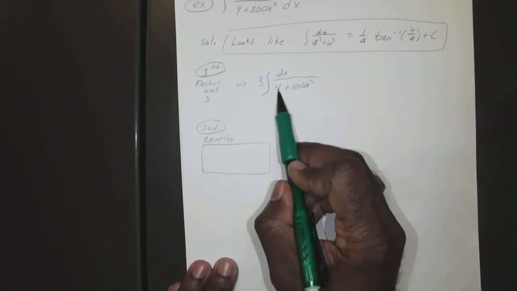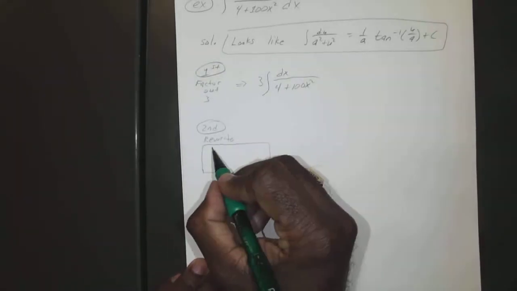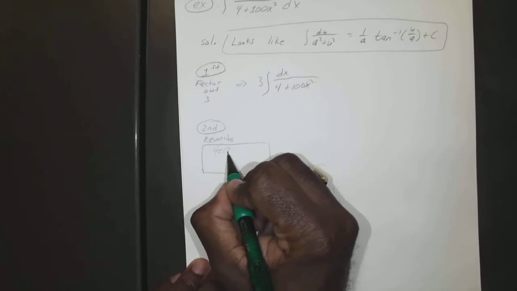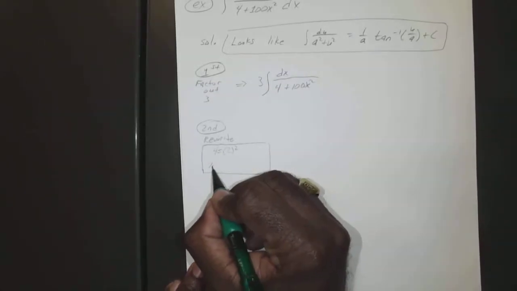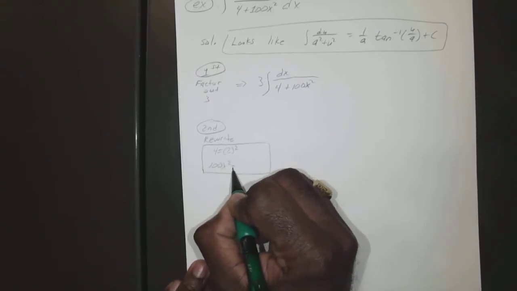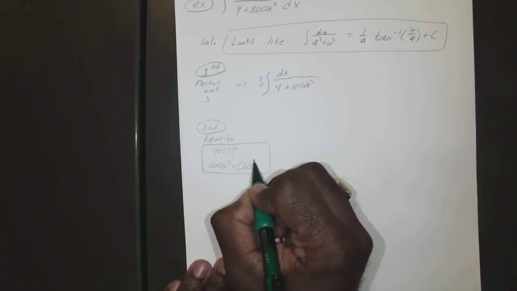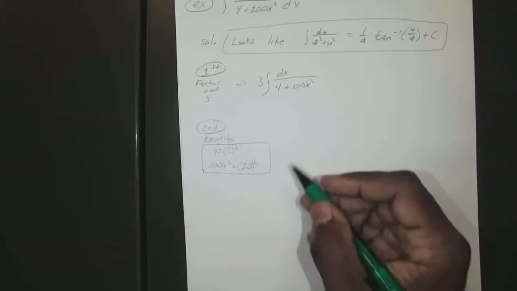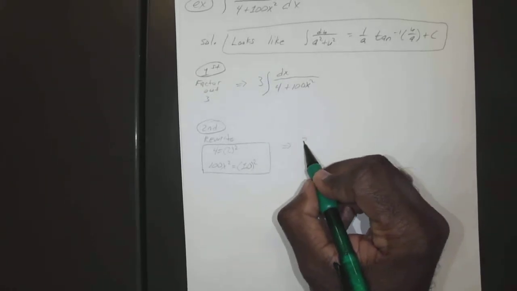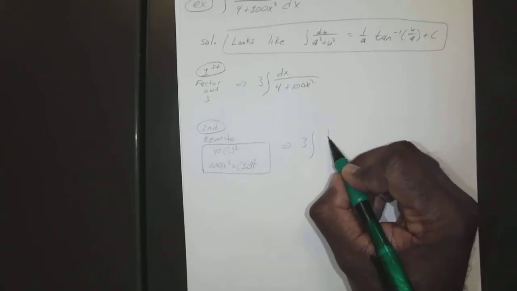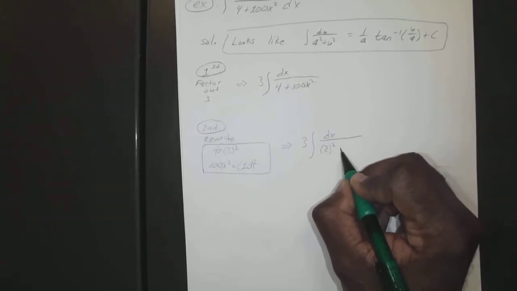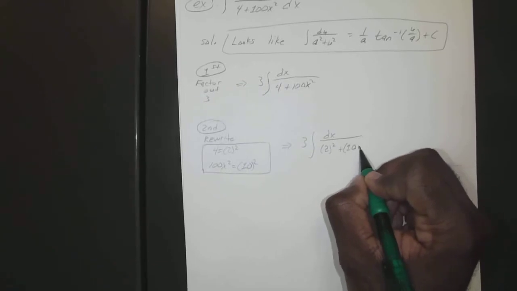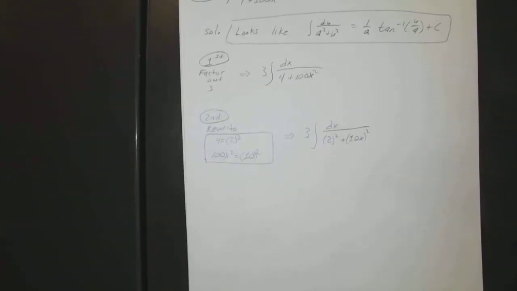We know that 4 is just 2 squared, and 100x squared is just 10x squared. So that gives us 3 times the integral of dx over 2 squared plus 10x squared.